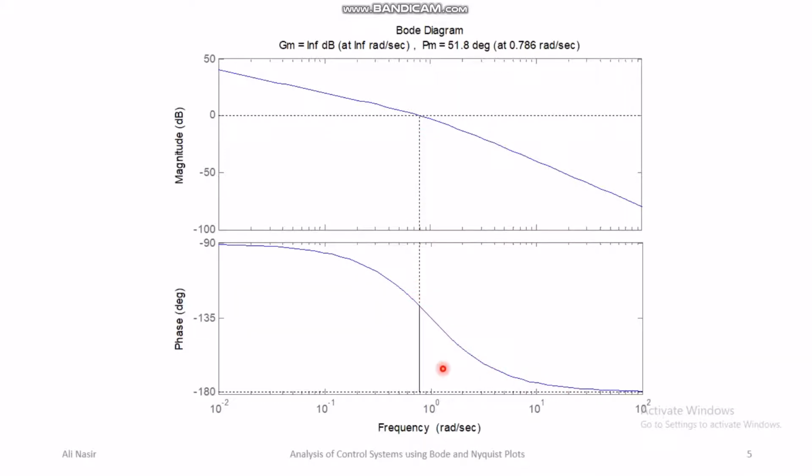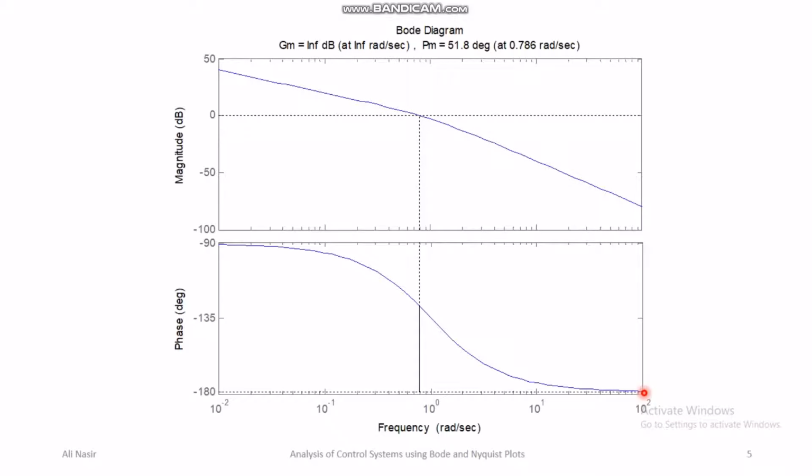So in this example the gain crossover frequency is slightly less than 1, but the phase crossover frequency, if you keep on sketching this plot, is very high. It will almost go to infinity, because the phase will asymptotically converge to the value of minus 180 degrees, but it will never cross that value. So as long as it never crosses minus 180 degrees, the phase crossover frequency in this case is infinite.